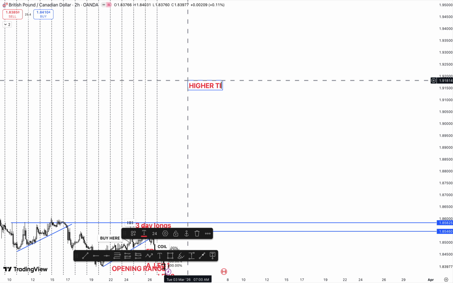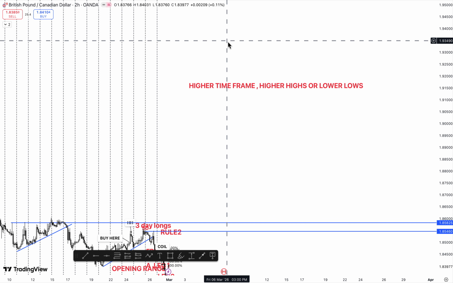We want to know from the weekly to the daily which markets are trending to the upside or to the downside, making higher highs or lower lows.